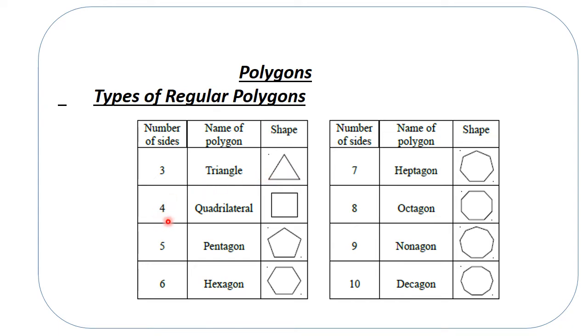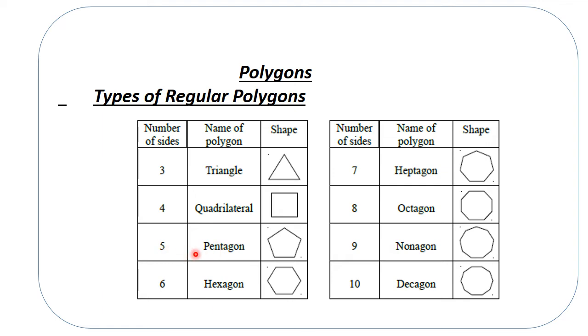Then when it has 4 corners, it's quadrilateral. Quadri means 4. This is where rectangles and, if it's a regular polygon, of course a square come in. So a square and rectangles are quadrilaterals.